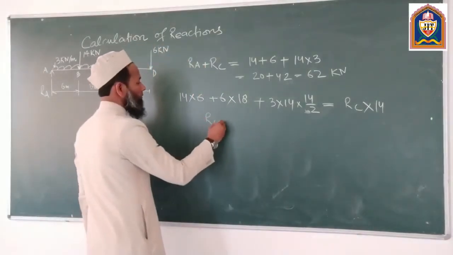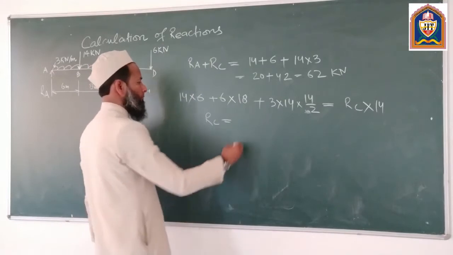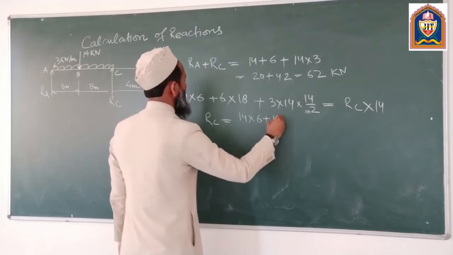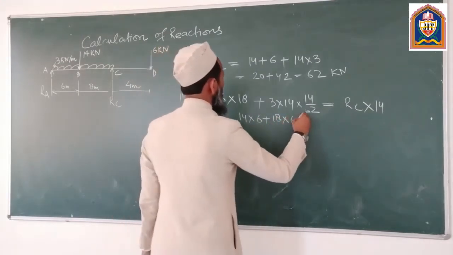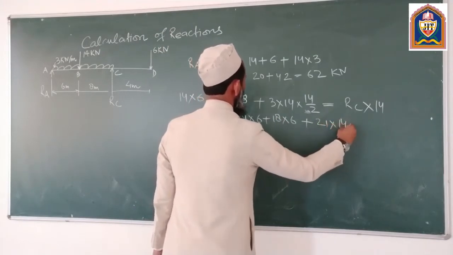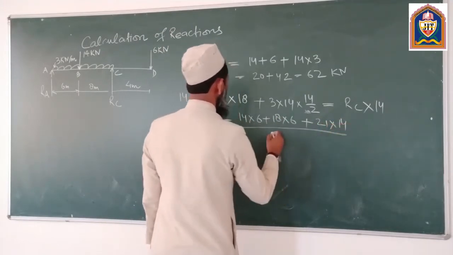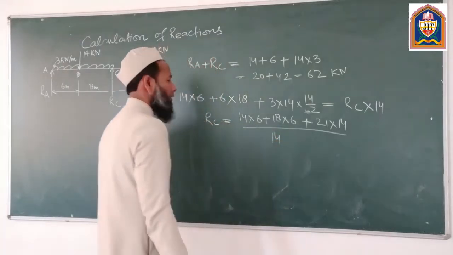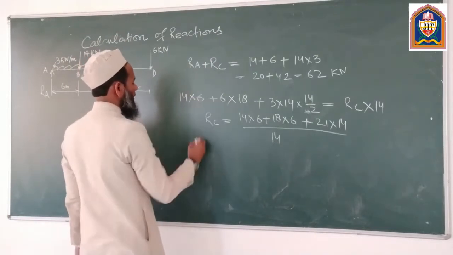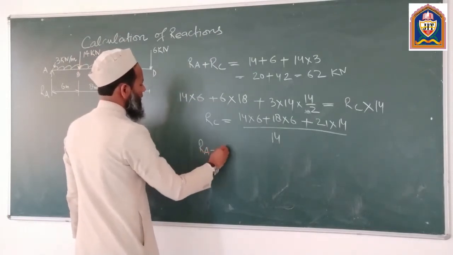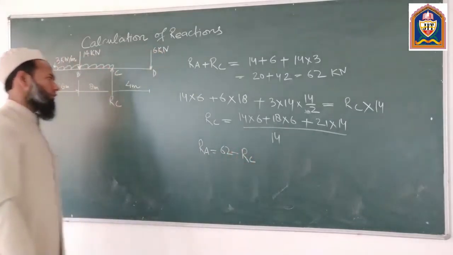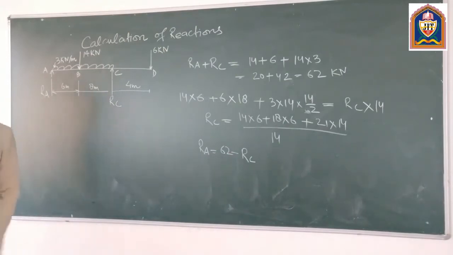RC is equal to 14 multiplied by 6 plus 18 multiplied by 6 plus 21 multiplied by 14, and this whole divided by 14. So you will get the value of RC. Put the value of RC here. You will get RA as 62 minus RC. So in this way you can find out the reactions.